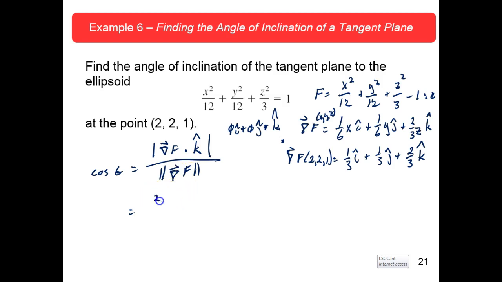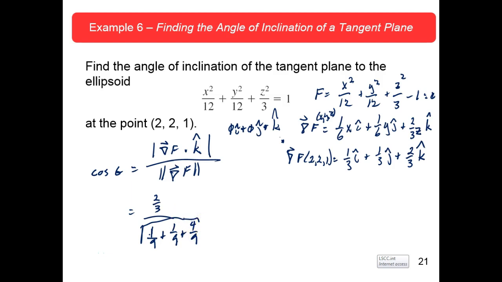That'll just be 2/3 divided by the magnitude of your gradient vector, which would be the square root of, you square it, 1/9 plus 1/9 plus 4/9.